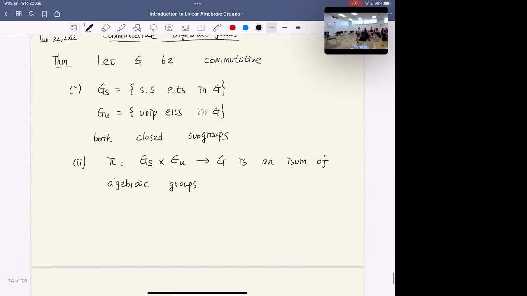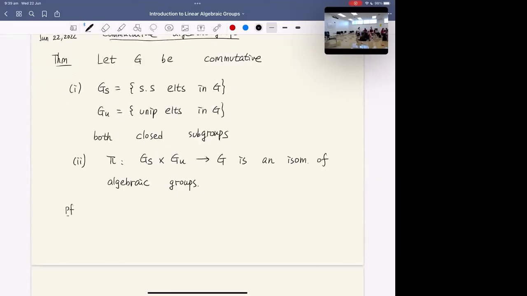So now I'll just provide a maybe two-line idea of the proof. Why are G_S and G_U closed subgroups? Maybe we can just consider G as a subgroup of GL_n, using our main theorem from the first day.